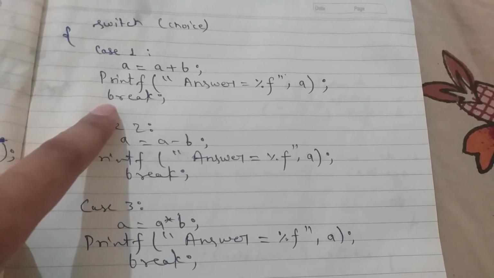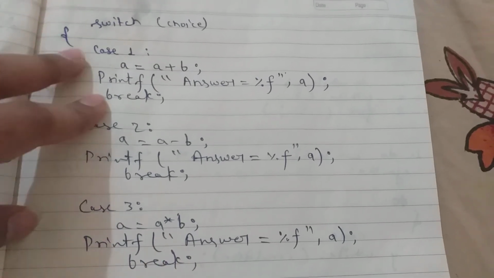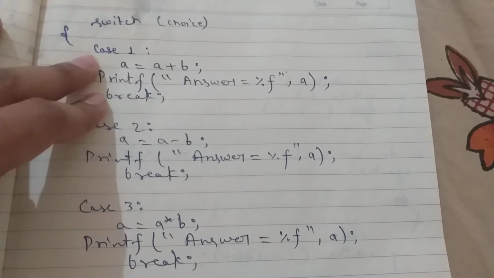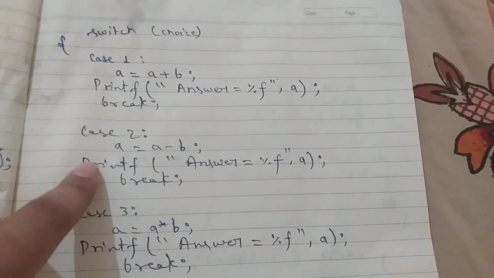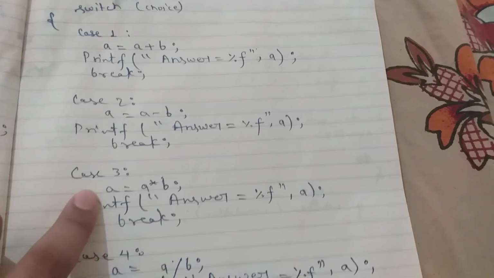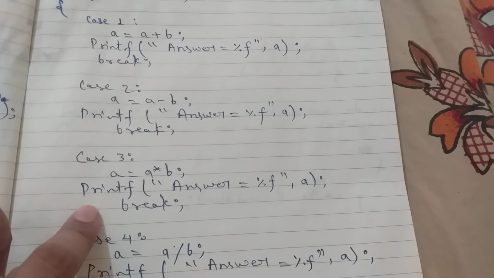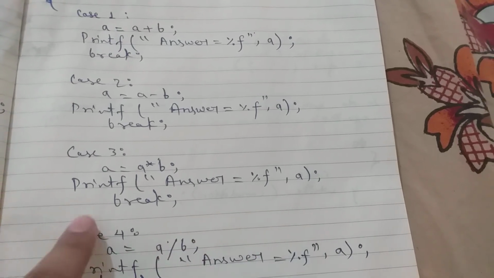That's why we have used the break keyword here. It restricts the control to a single case, like here we have addition, here we have subtraction, here we have multiplication. Case 3, a equal to a into b, printf percentile f as answer of a.